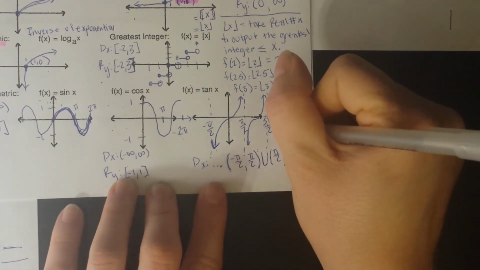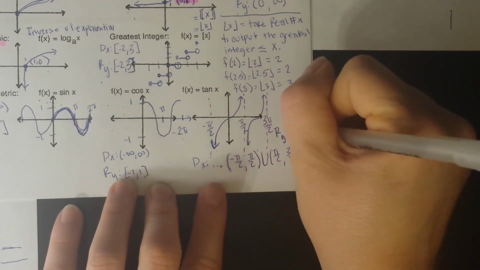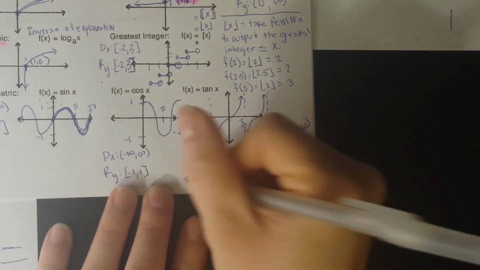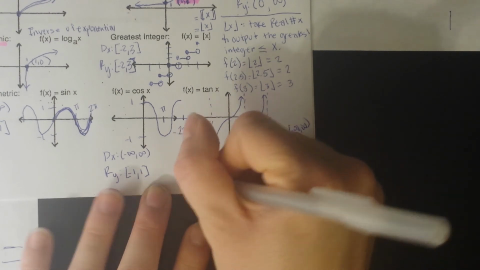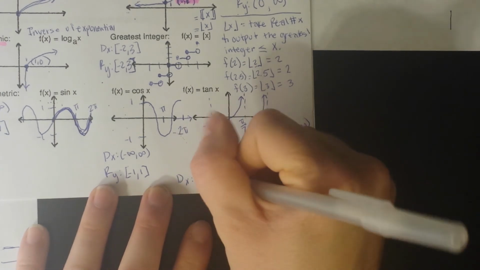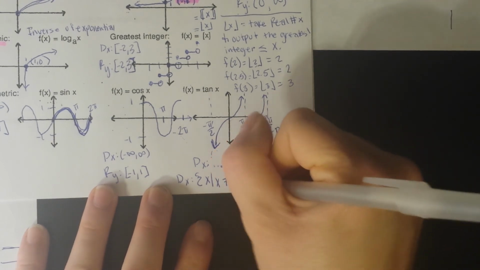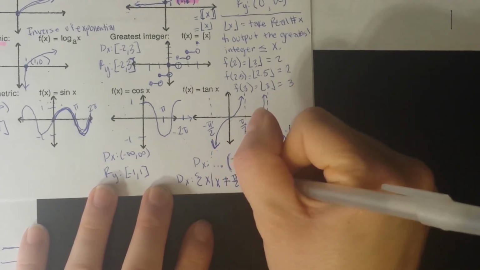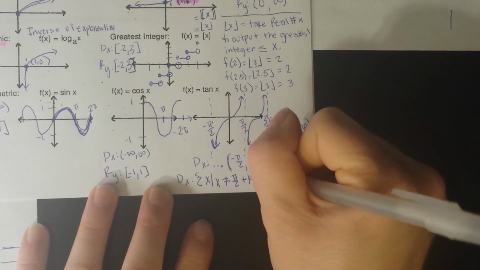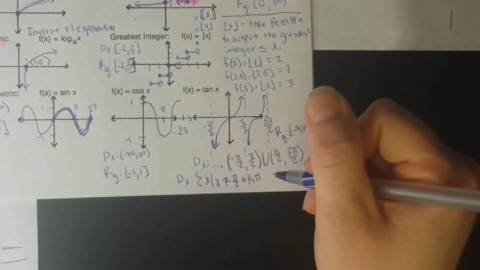The range is nice. I'm going to put the range up here. Is -infinity to +infinity. Another way to write the domain of x is the set of all x's such that x doesn't equal pi halves plus some value k of pi.